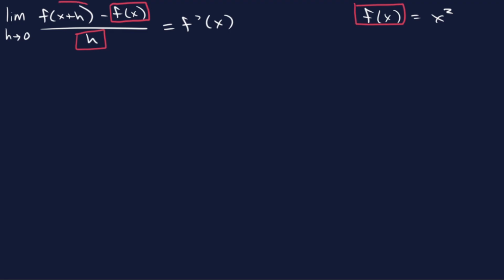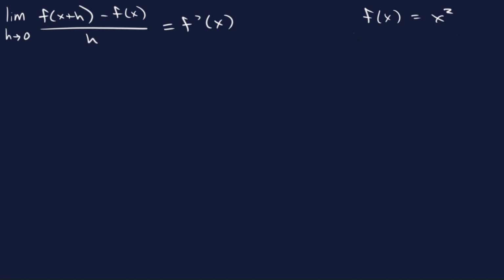And the last thing that we need to derive in order to use this formula is f of x plus h. So how are we going to get that? We're actually going to get it ourselves. If we wanted to get, for example, f of 4, all we would do is plug in 4 for the value of x.